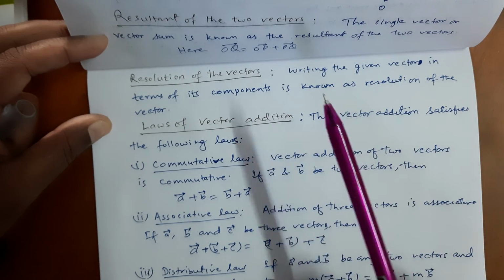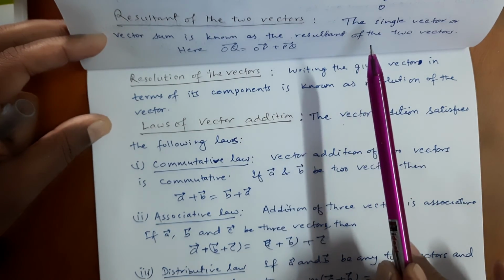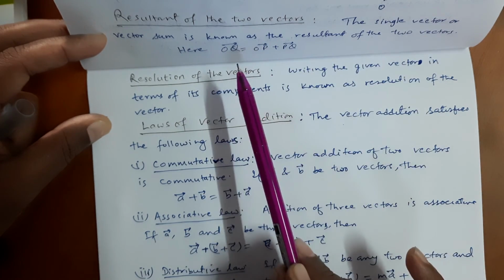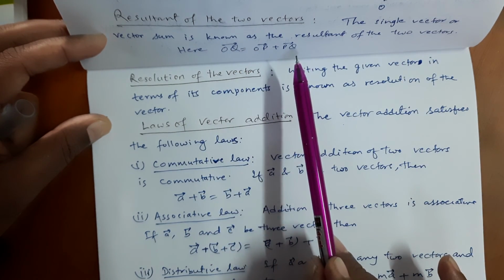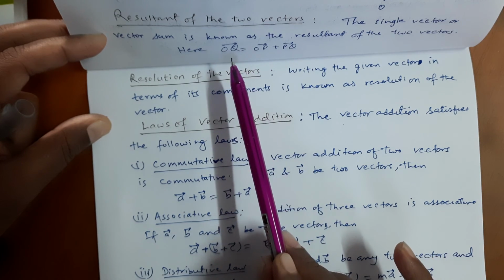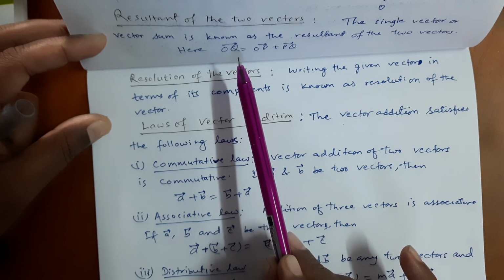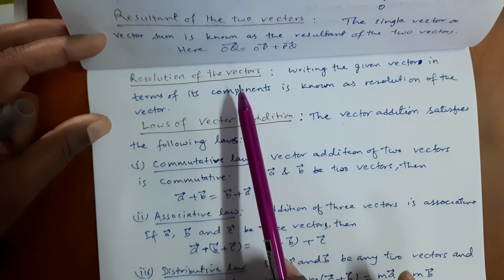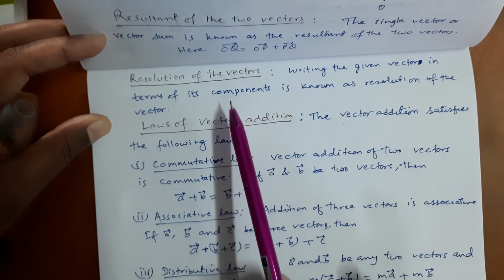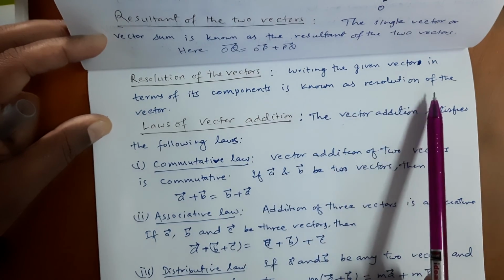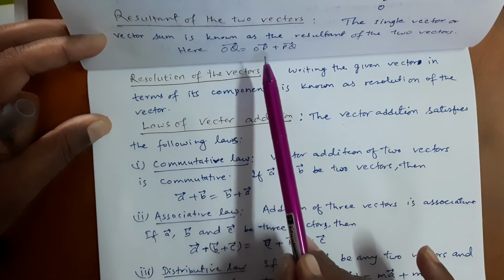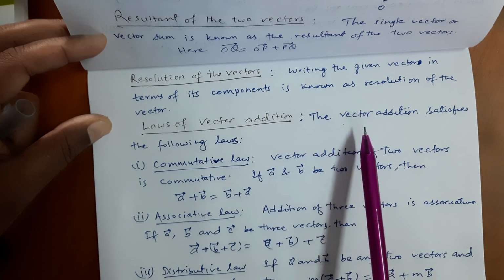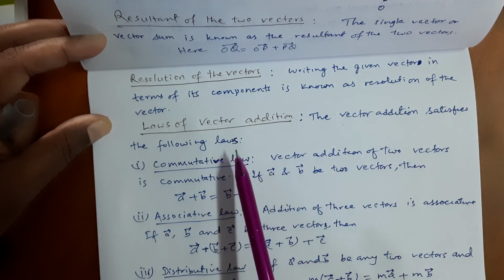Here I have explained the resultant of vectors. The single vector or vector sum is known as the resultant of the two vectors. Here OQ equals OP plus PQ, and this single vector OQ is the resultant of the two vectors OP and PQ. Resolution of vectors: writing the given vector in terms of its components is known as the resolution of the vector. So writing OQ in terms of OP and PQ is the resolution. Laws of vector addition: vector addition satisfies the following laws.